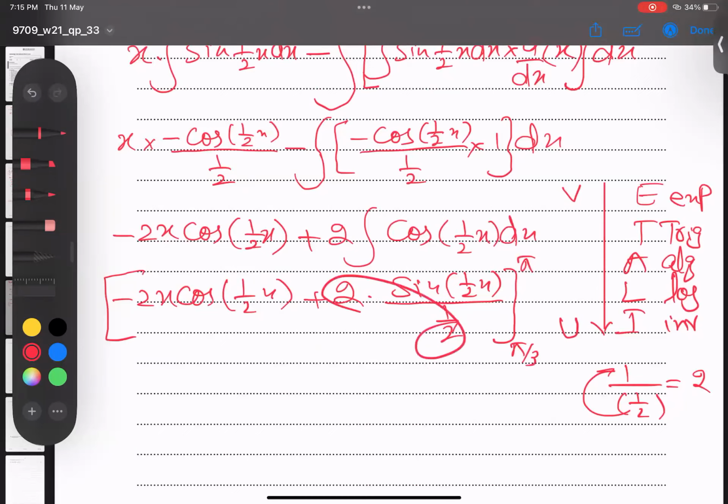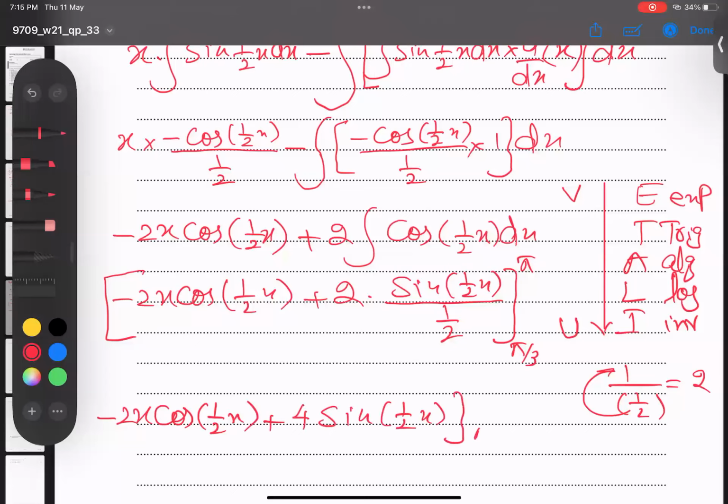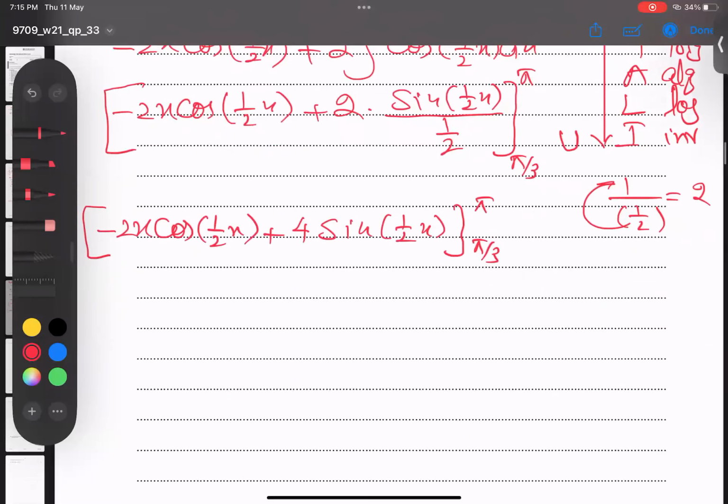So 2 2s are 4. Then I will plug in the limits. So negative 2x cos half x plus 4 sine half x. And I suggest as a teacher, please don't plug in the limits until you simplify the maximum. Now I think it is easier to plug in.